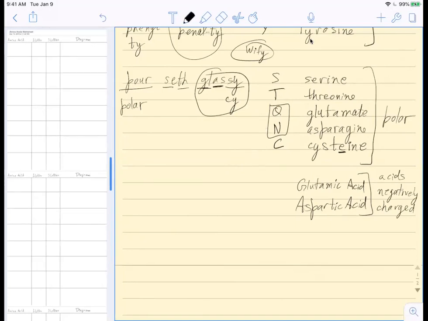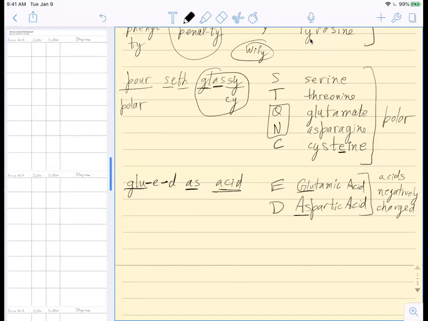And for this, I use glued as acid. I should make it better. So the acid part is my mnemonic for acids. The glue is my clue for glutamic. The as is my clue for aspartic. Now the E and the D, they tell me the symbols of glutamic acid and aspartic acid.